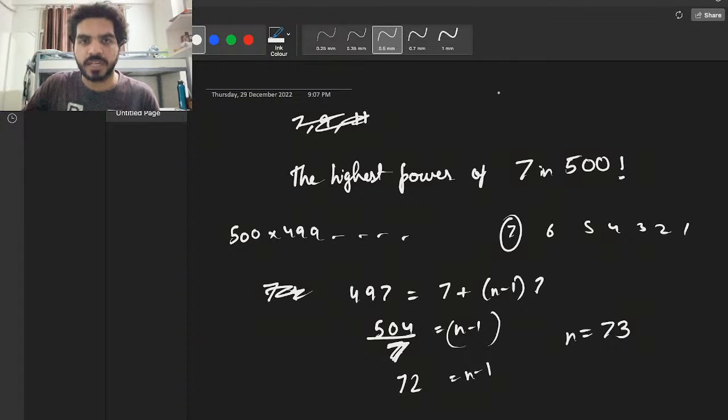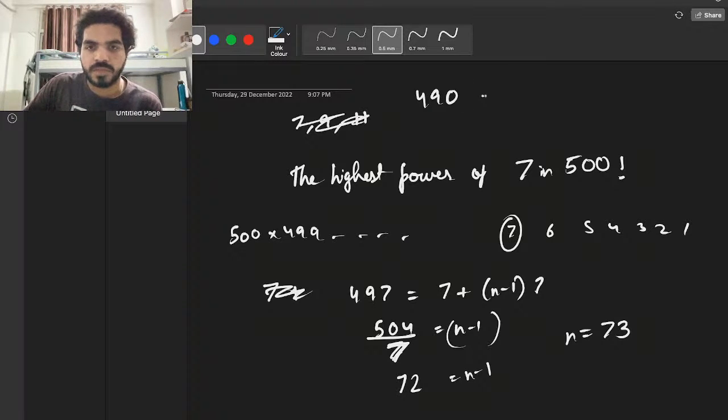For the multiples of 49, we have 7 square, that is, there will be a secondary 7 available there. For that, we will add them as well. So for 49, we can simply say 490 is the 10th multiple, and this will be the last number.